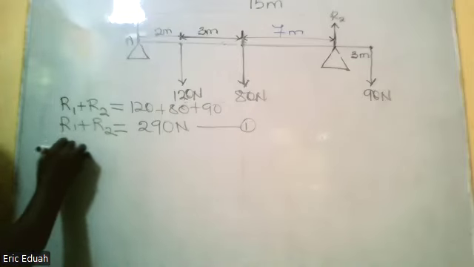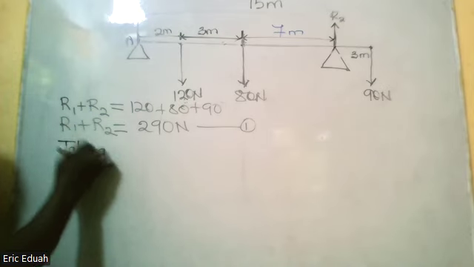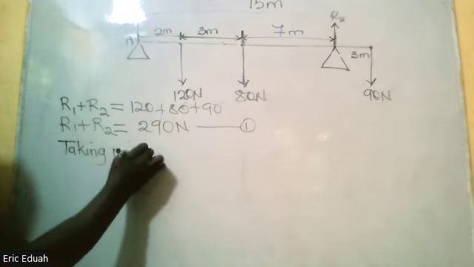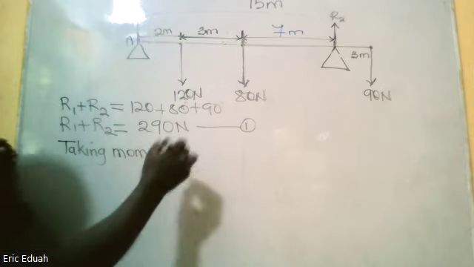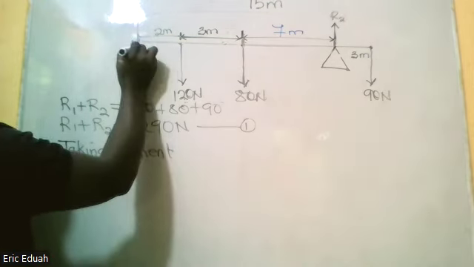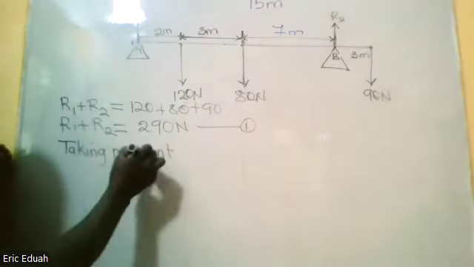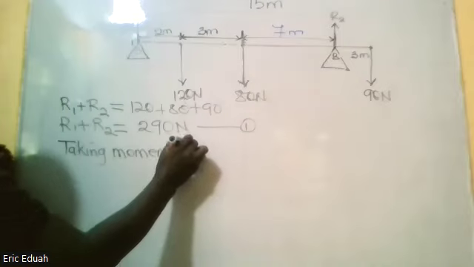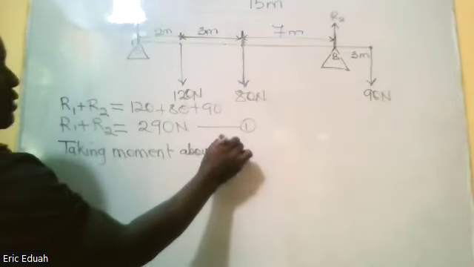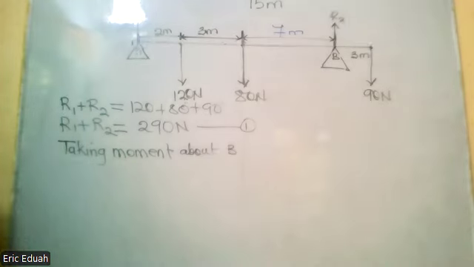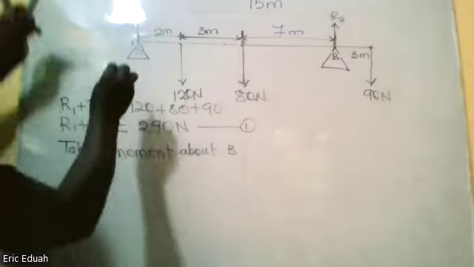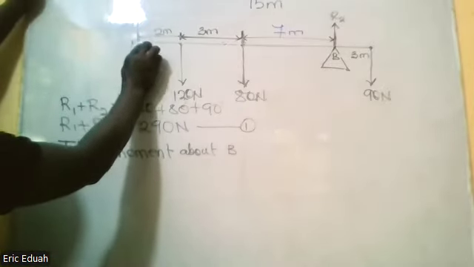Taking moment about support A, B. So taking moment about B, I'm choosing B. And whenever you take moment about one of the supports, the other support is eliminated for now.